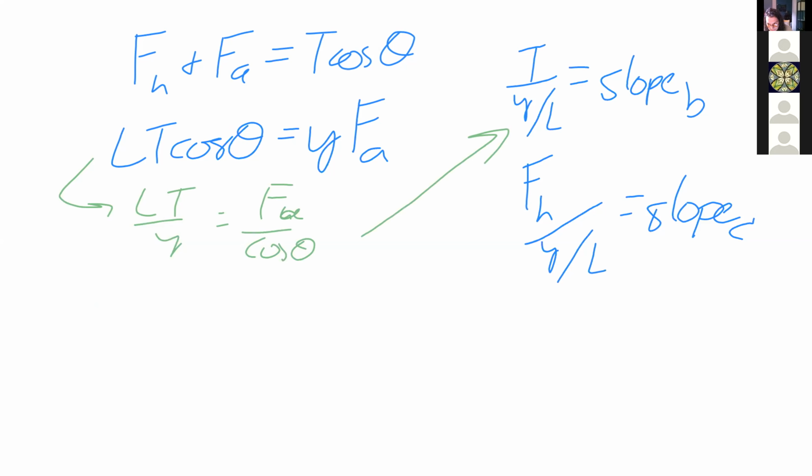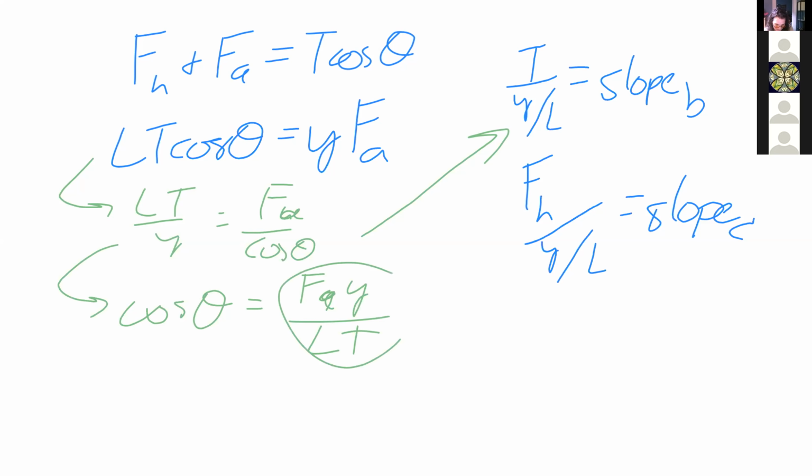And then from the second graph, we can substitute in for cosine of theta. Rearranging this equation tells us that cosine of theta is equal to f sub a times y on LT. This is just a rearrangement of the equation that I've just written.